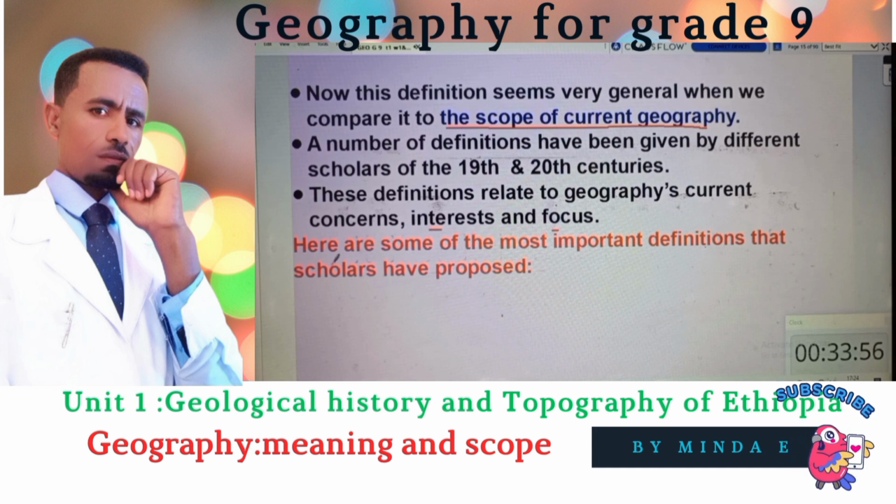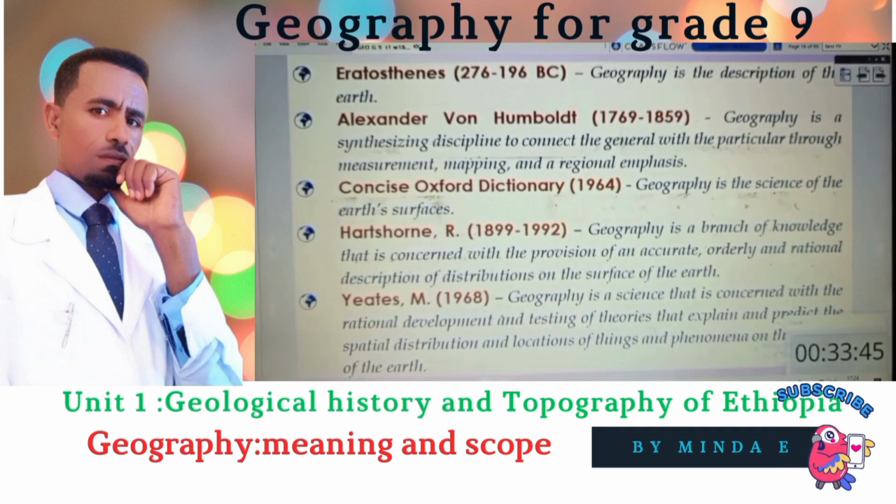Okay, here are some of the most important definitions that scholars have proposed.